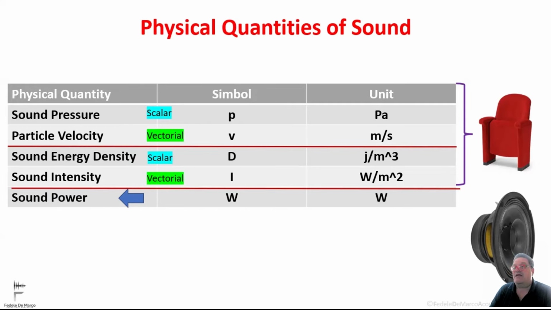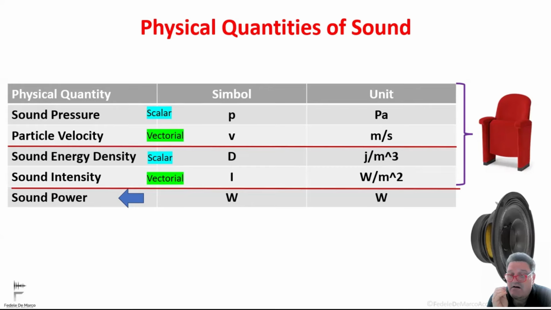Sound power is a time average value. Consider that the human voice is just 1 milliwatt as power, okay? A loudspeaker emits low levels of power, 0.8, for example. A 1 watt loudspeaker is very loud, consider this, okay?